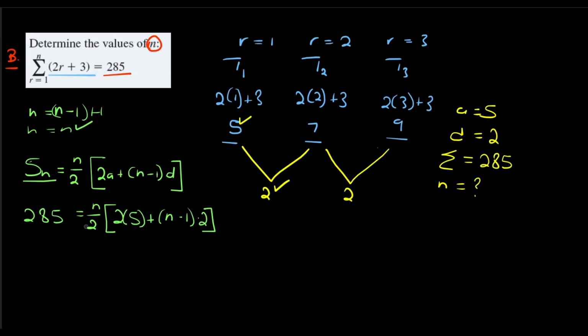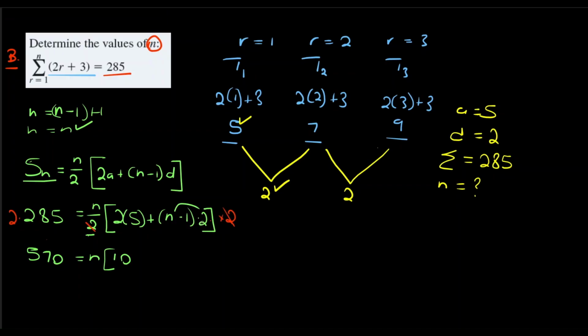To get rid of this 2, we can multiply everything by 2, which means we're going to multiply the left hand side by 2, and the right hand side by 2. What this will do is cancel the 2 and the 2. Then we're going to have 2 times 285, which will give us 570, is equal to n, 2 by 5 will be 10.